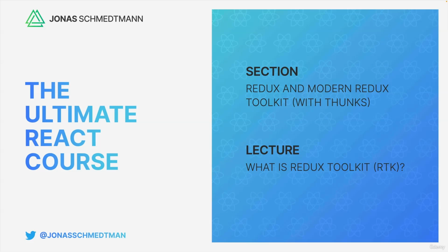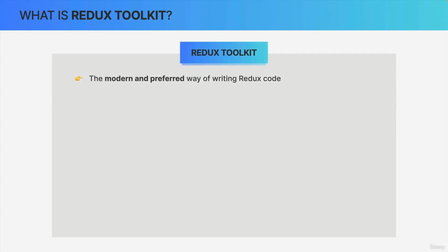So now that we understand the fundamentals of Redux, it's time to take the next step and learn about the modern way of writing Redux, which is Redux Toolkit. So, as I just said, Redux Toolkit is the modern way of writing Redux code, and it's advised by the Redux team to now prefer Redux Toolkit over classic Redux.